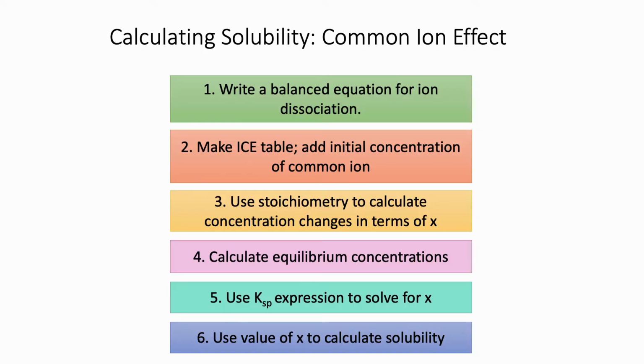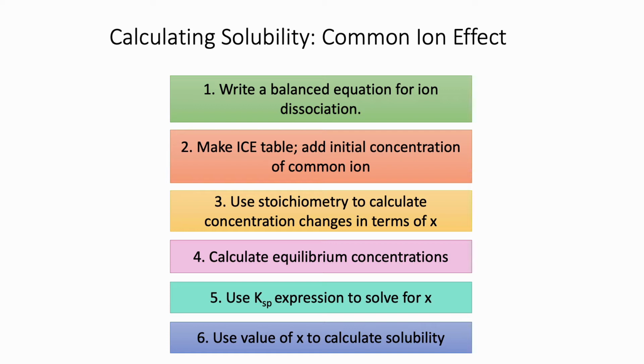So here are the steps you take to calculate the solubility when you have common ions present in solution. First, as always, when we're talking about solubility, we write a balanced equation for ion dissociation. Next, make the ICE table and add the initial concentration of whatever your common ion is.